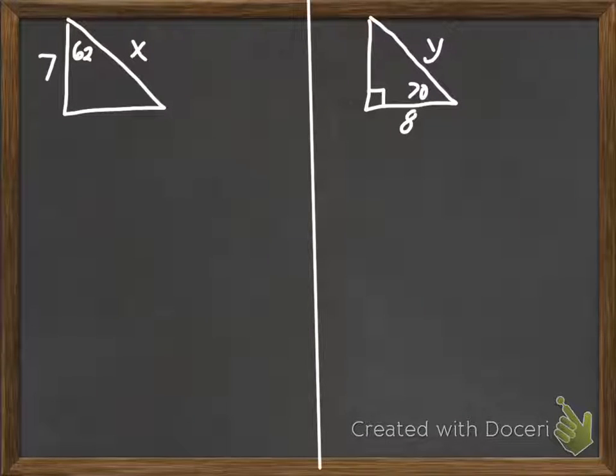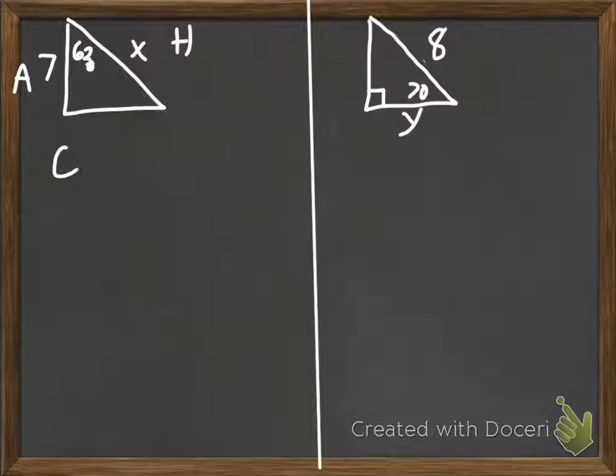Okay, on to two more examples. Right here, we have a 62-degree angle, and then we have 7, which is adjacent, and x, which is the hypotenuse. So adjacent and hypotenuse is cosine. So we're going to use cosine here.